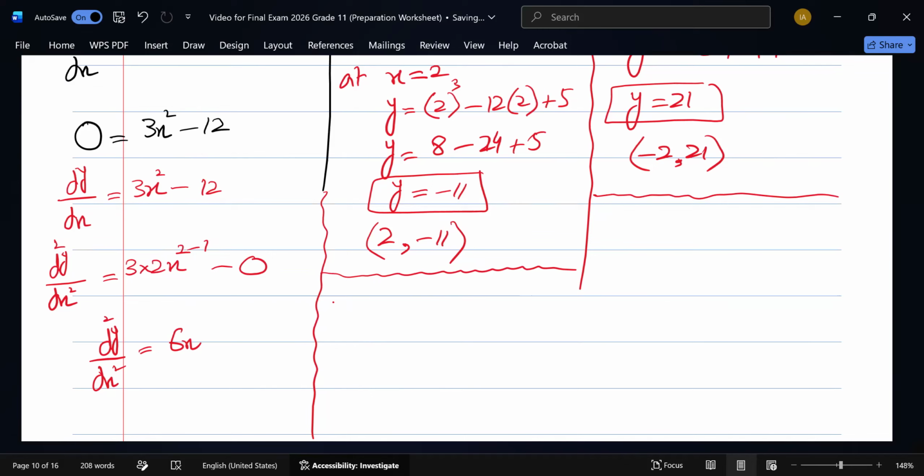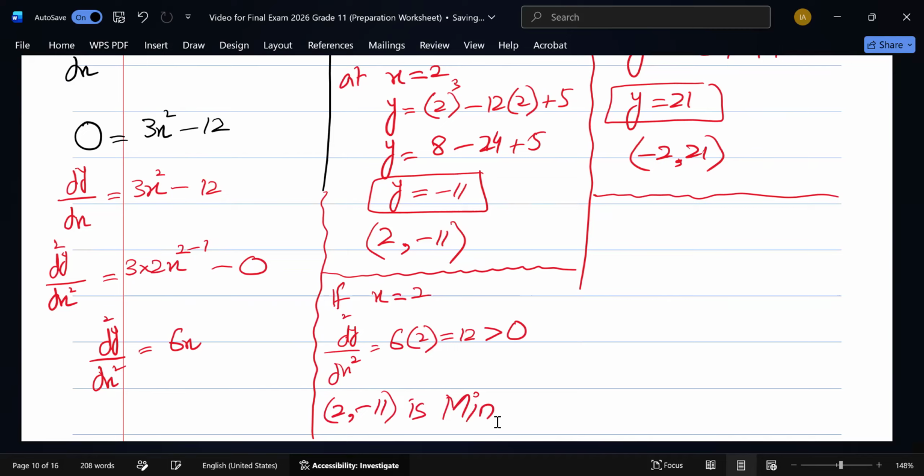So if x is 2, it's going to be 6 times 2, which is 12. It's a positive number. Therefore, (2, minus 11) is a minimum point on this curve. Now we substitute the second value of x, which is minus 2, in the second derivative.